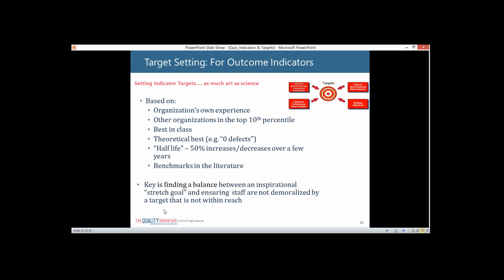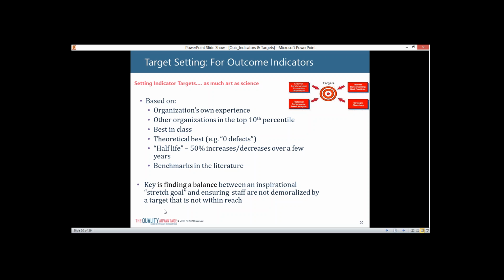Another is theoretical best. So this relates more to safety kinds of indicators where you're looking to get to 0. It could actually relate as well to wait times, where you might try to get to 0 days waiting. Certainly many primary healthcare practices have tried to get to that in terms of advanced access and scheduling for patients.